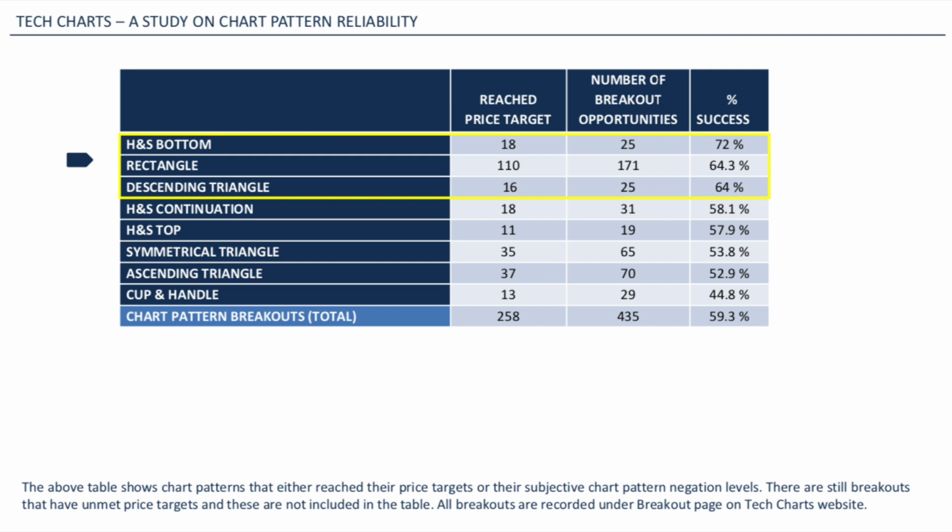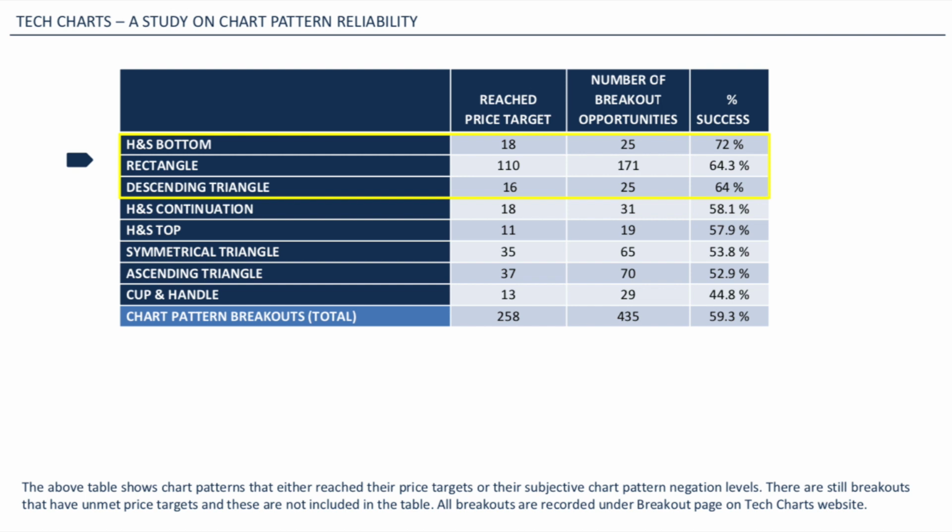So we have seen 25 occurrences. Out of them, 18 reached their chart pattern price target, 72%. Head and shoulder bottom was really successful. And then the third one came, descending triangle. Out of 25 occurrences, 16 of them reached its chart pattern price target.